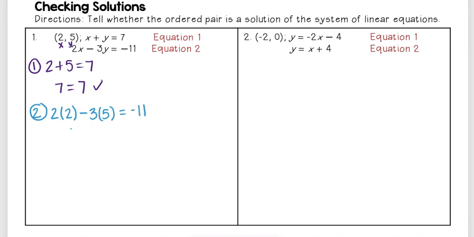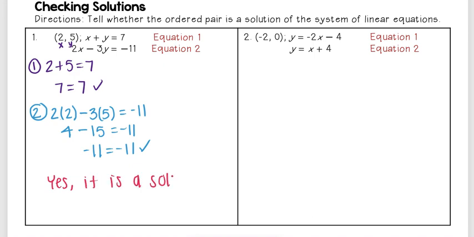Well, 2 times 2 is 4. 3 times 5 is 15. 4 minus 15, I get negative 11. And so in the end, I got negative 11 equals negative 11, which again is true. So since it is true for both equations, that means that yes, it is a solution.